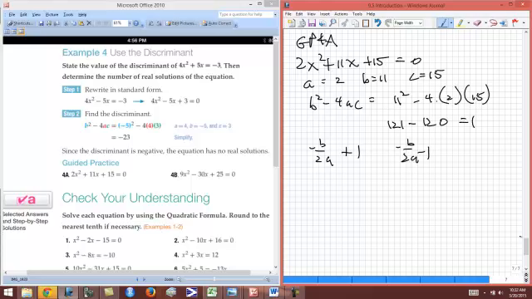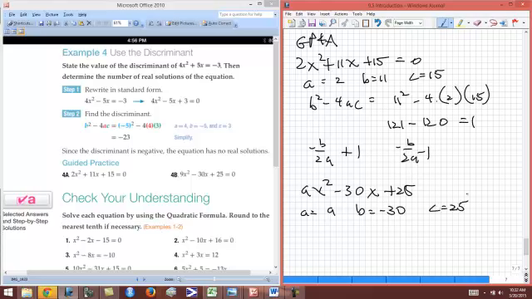Now let's do the second one: 9x squared minus 30x plus 25. I'm not even going to bother to find out if it factors. This is an exercise for b squared minus 4ac. A equals 9, b equals negative 30, and c equals 25.